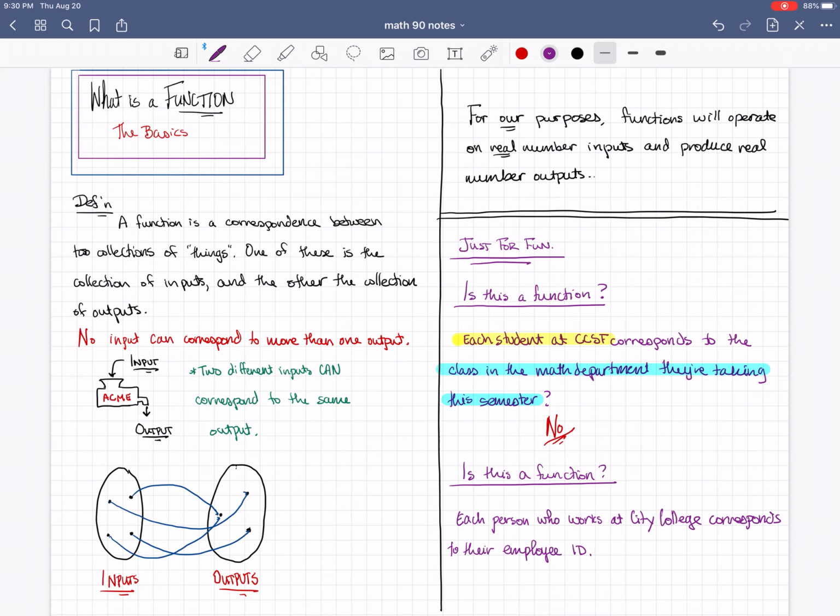So again, if you're asked that question, is this a function? The first thing we're going to ask is, what's the input, what's the output? So the input is each person who works at City College. And the output is their employee ID.